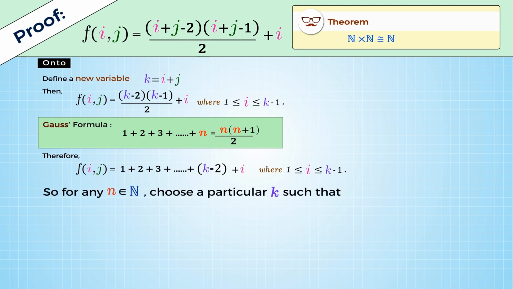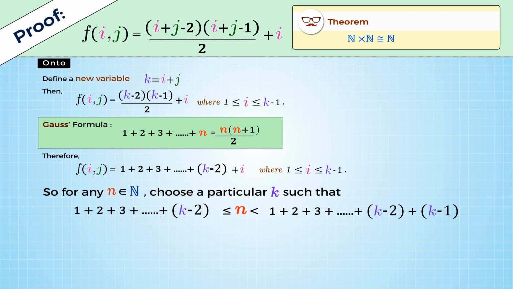So for any n in the natural numbers, choose a particular k such that 1 plus 2 up to k-2 is less than or equal to n, which is less than 1 plus 2 up to k-1.